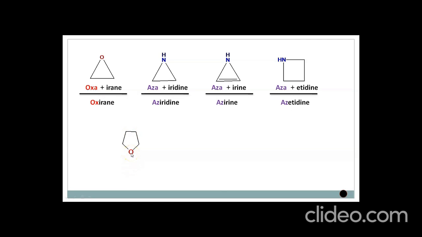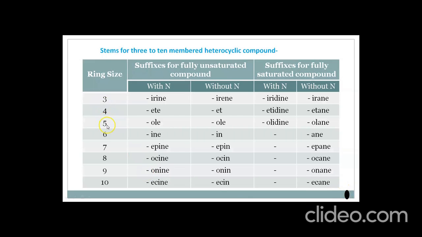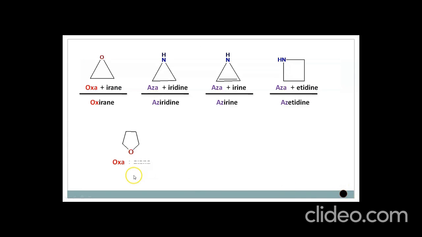So for heteroatom oxygen, oxa. Now it is a 5-member ring, completely saturated and without nitrogen. So the stem is olane. So you have to add oxa plus olane. So the name is oxolane.